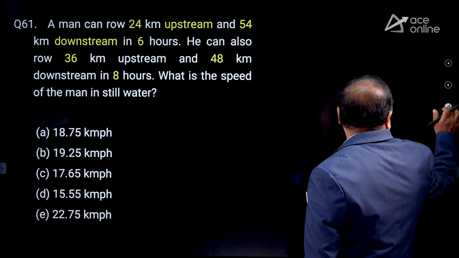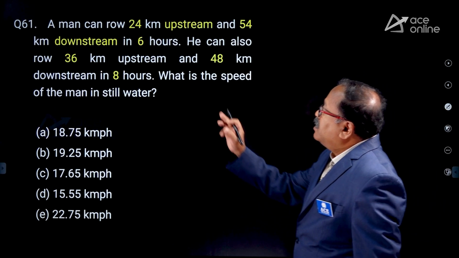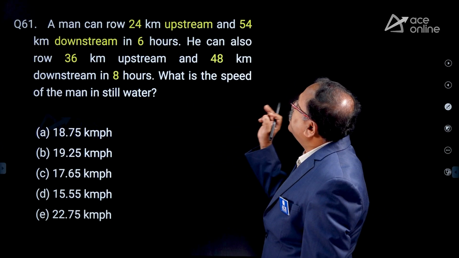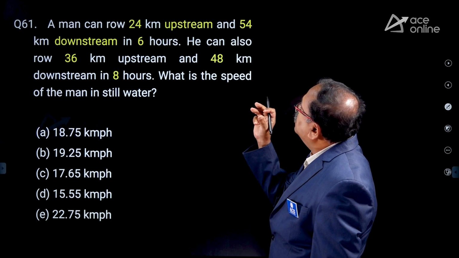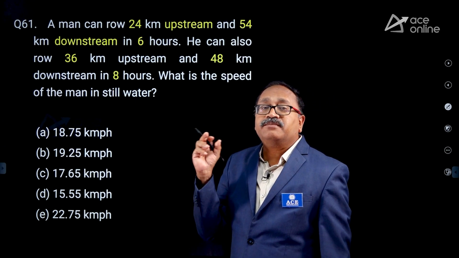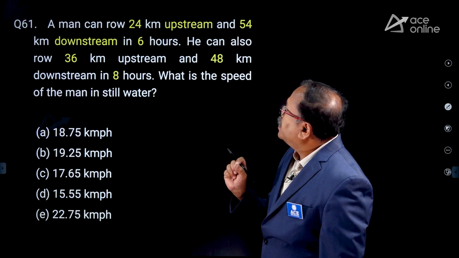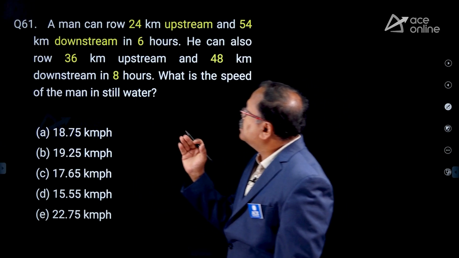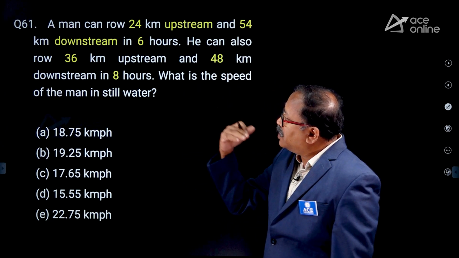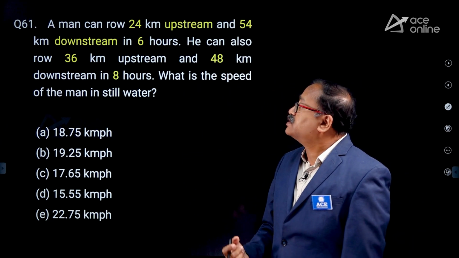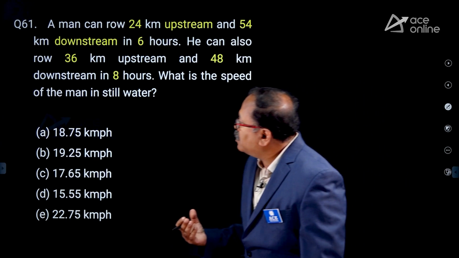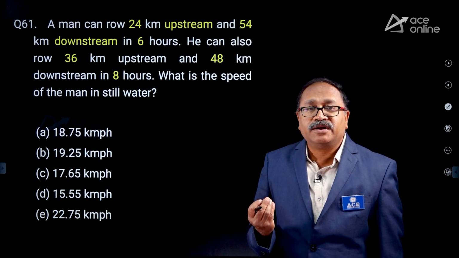Question number 61. A man can row 24 km upstream and 54 km downstream in 6 hours. He can also row 36 km upstream and 48 km downstream in 8 hours. So what is the speed of the man in still water?